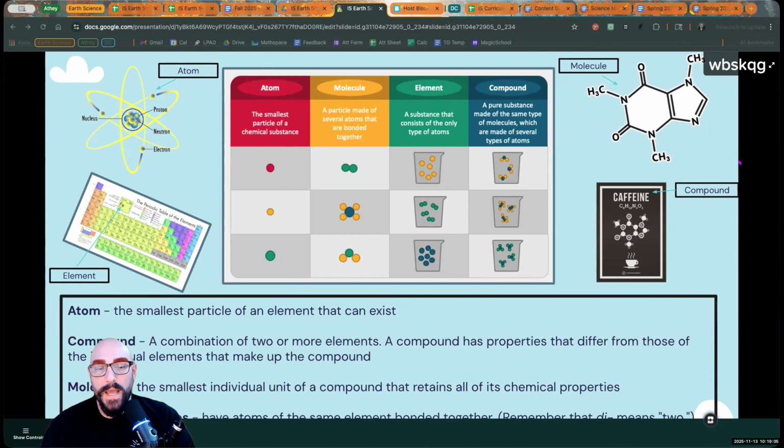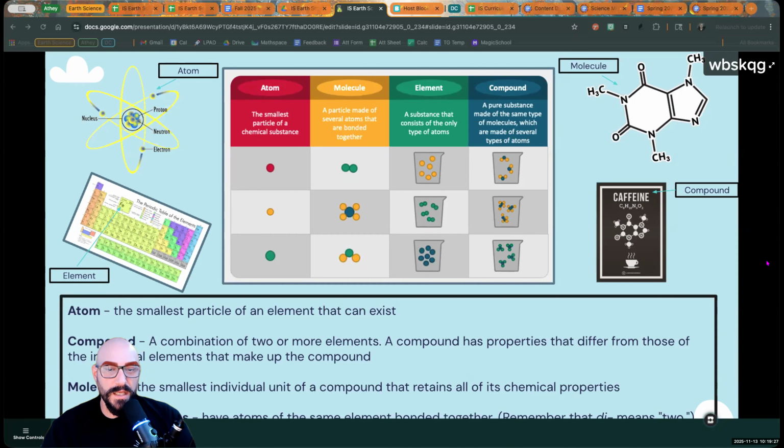And the compound is known as sodium chloride or table salt. But I could have a cup of table salt and that would all just be considered a compound. It's all the same stuff. It's all table salt.